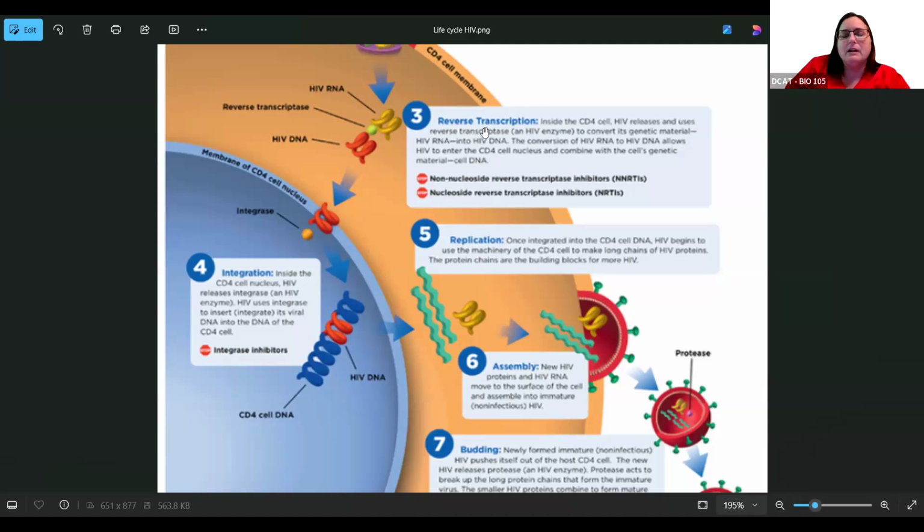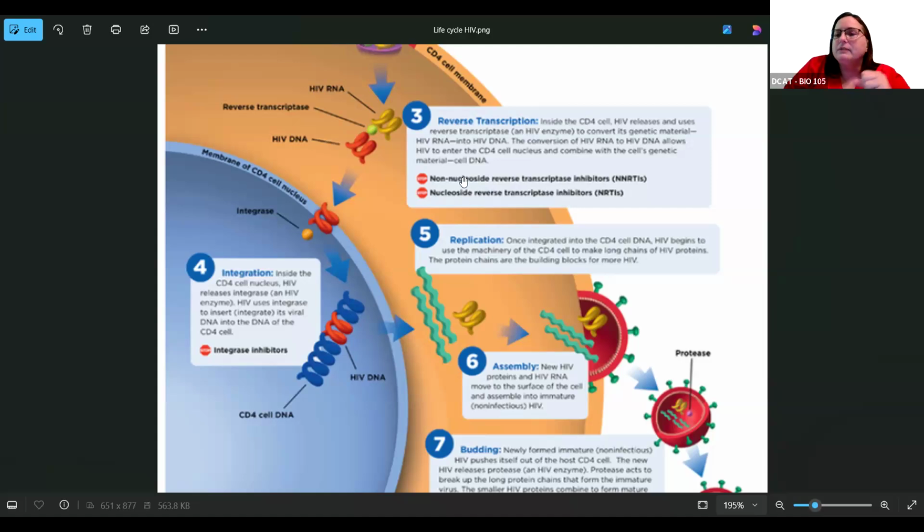So the medications that would help block it at this stage are your non-nucleoside reverse transcriptase inhibitors. And if something's an inhibitor, it just blocks it or stops it. It's inhibiting it from happening. The next is the nucleoside reverse transcriptase inhibitors.